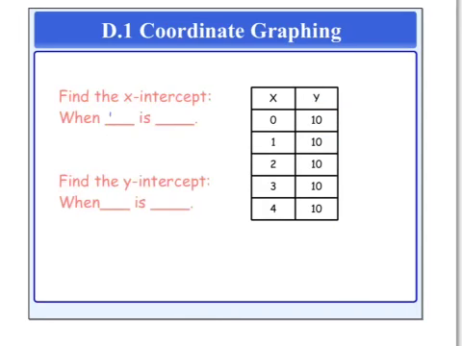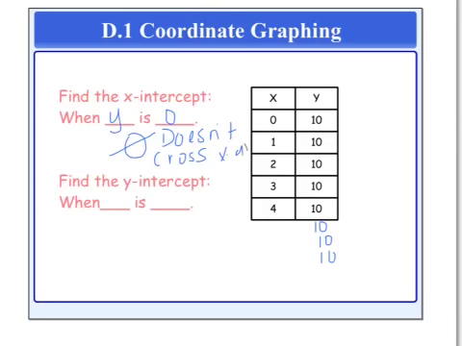Find the x-intercept when y is 0. If you look at here, when will y be 0? It's never going to happen, which means it does not cross the x-axis. Okay?